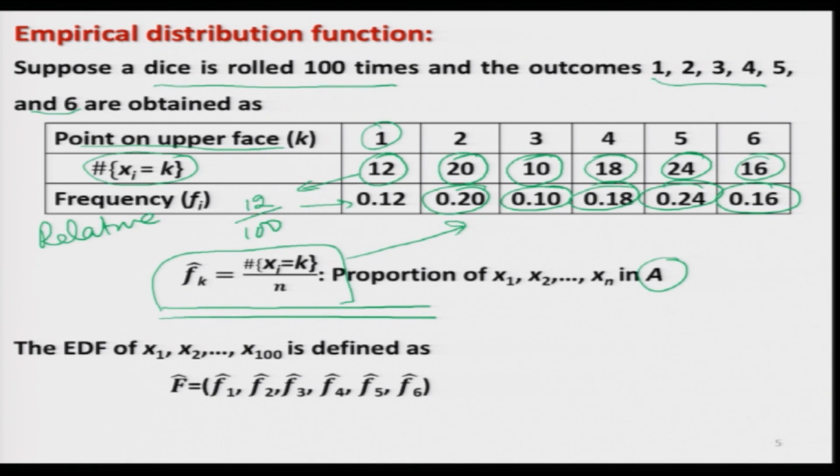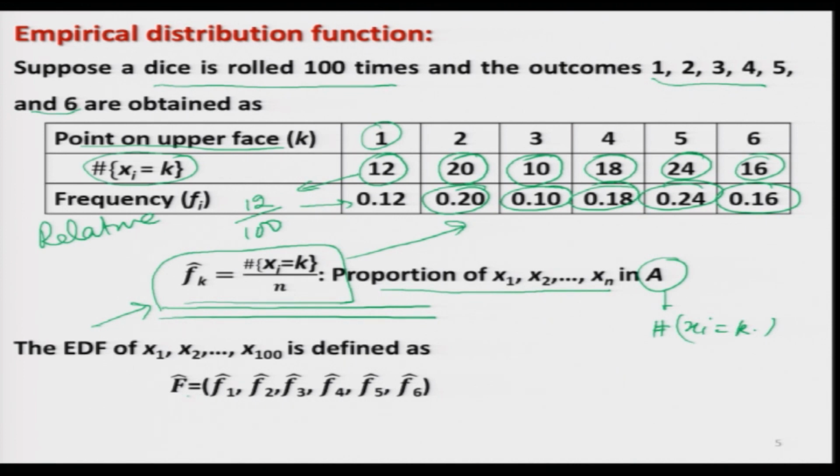And similarly, as you obtain the CDF, the cumulative distribution function, from the probability density function in statistics, we try to find the empirical distribution function from this frequency distribution, which has been obtained by the relative frequencies, defined here by f hat k, which is the proportion of x1, x2, ..., xn in A, where A is connoting the event, that is xi equal to k. Right. So this is the set of those values.